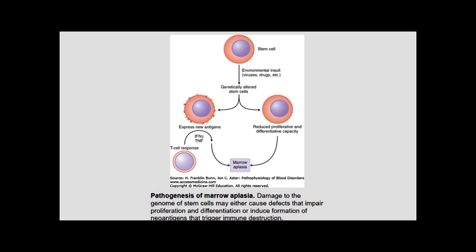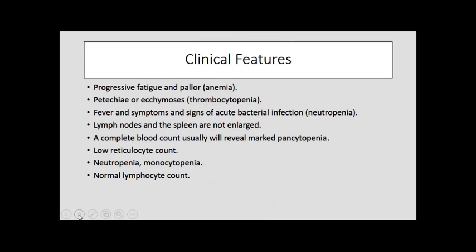In this case, the T cells are going to destroy these cells that express new and different antigens, and it doesn't matter what the mechanism is, marrow aplasia is going to occur. So they're going to have a hypoplastic marrow, almost empty marrow.